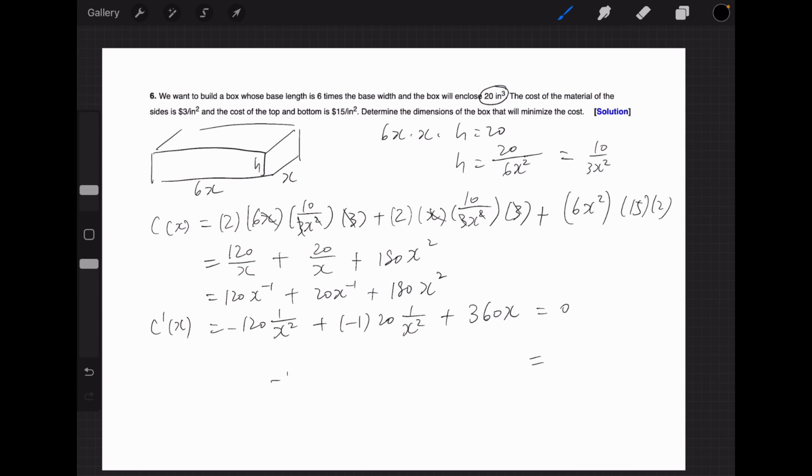So we get negative 120 minus 20 plus 360x cubed equals 0. Then 360x cubed equals 140, and x cubed would be 140 over 360, which gives us 7/18.